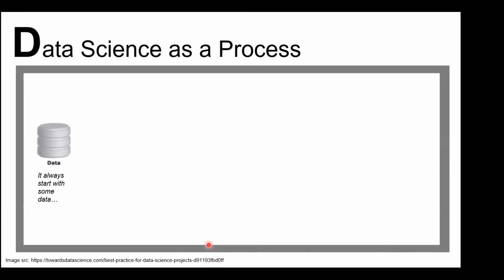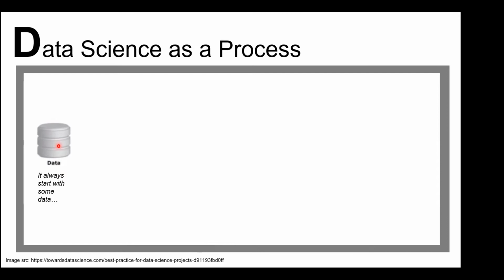Data science sometimes looks like a discipline of study, but it can be viewed as a process of doing a data science project. Okay, for data science, it always starts with data. We have to have some data.